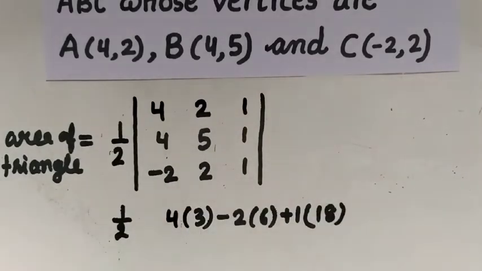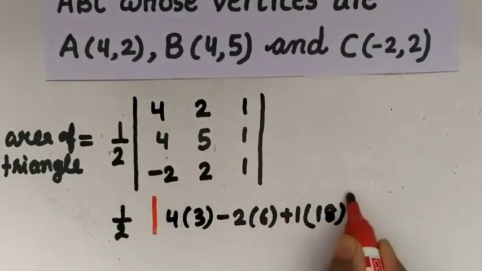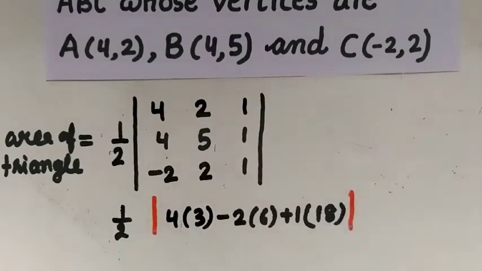Now students, the most important thing you have to keep in mind is that you have to apply mod here, because we are finding the area of a triangle, and the area of a triangle is a positive quantity. That's why we will apply mod here.